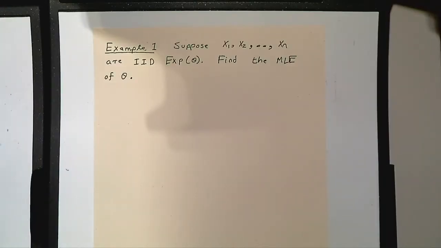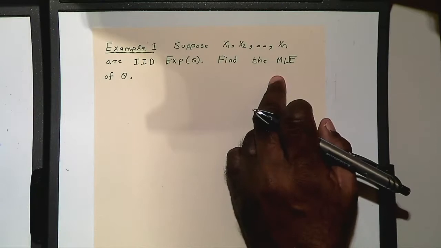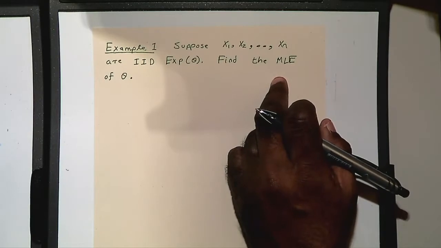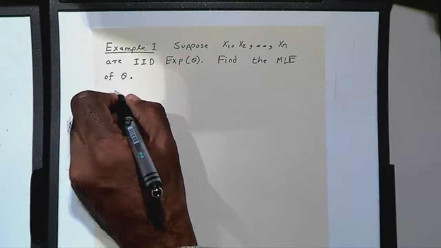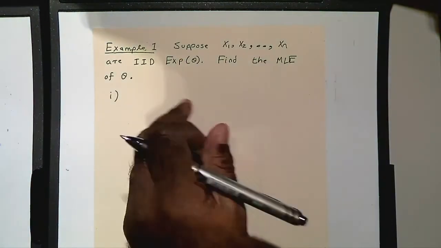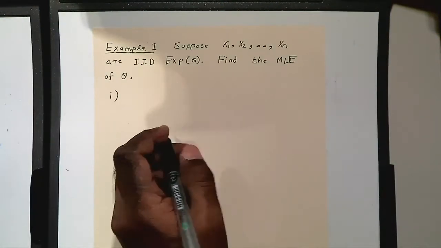Here we have a random sample from an exponential distribution with parameter theta. Obviously, we are assuming theta is unknown, and we want to find the maximum likelihood estimator for theta, right? All right, the first step, because this is a continuous distribution, obviously exponential is continuous, right?